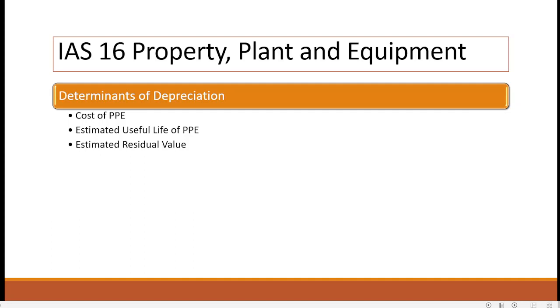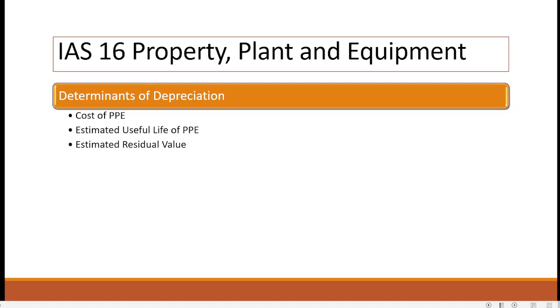So you have to estimate that residual value, and if you have a change later on, you can adjust the depreciation at any time, but the change will affect only the future, not the past.